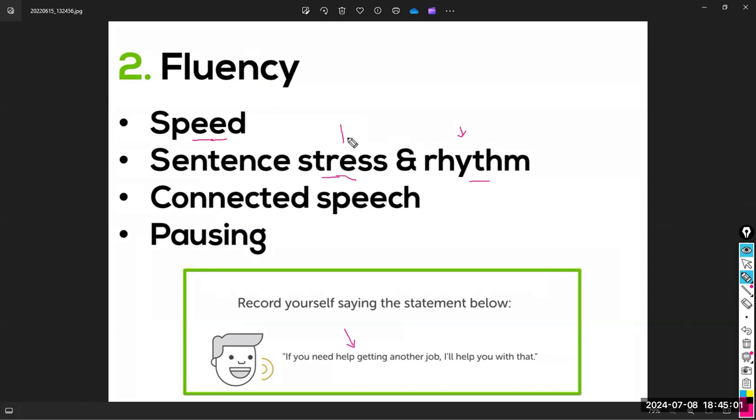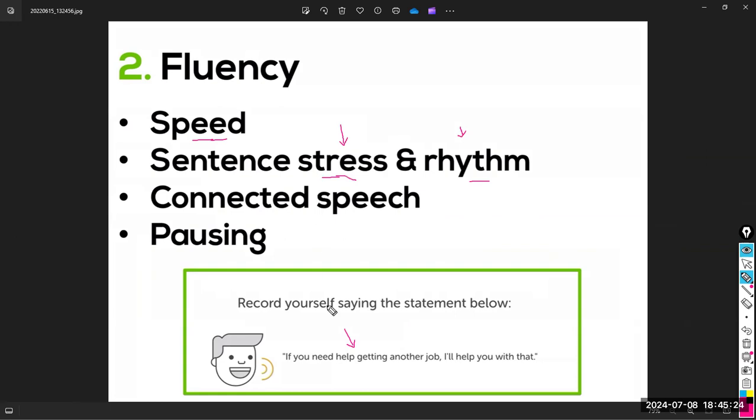If you ask what words you have to stress, keep in mind that you have to stress the main verbs. For example, help, go, run, sleep, eat, watch. All these verbs are called main verbs. You have to stress the main verbs.